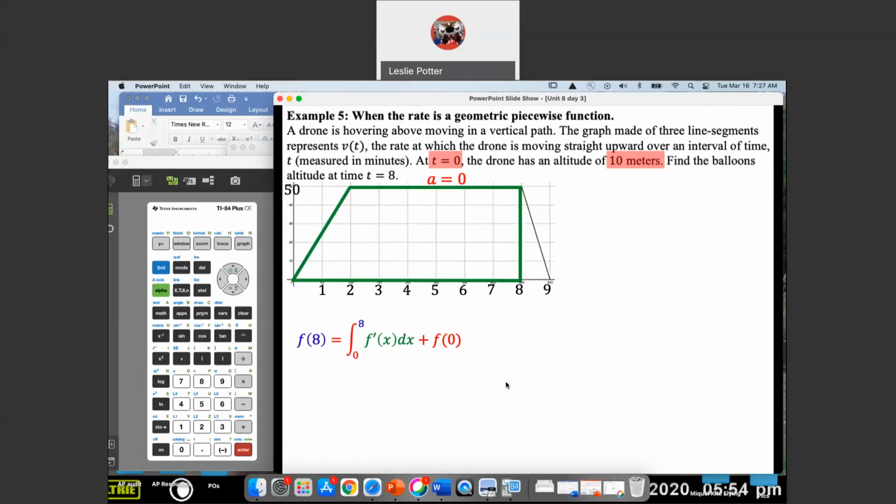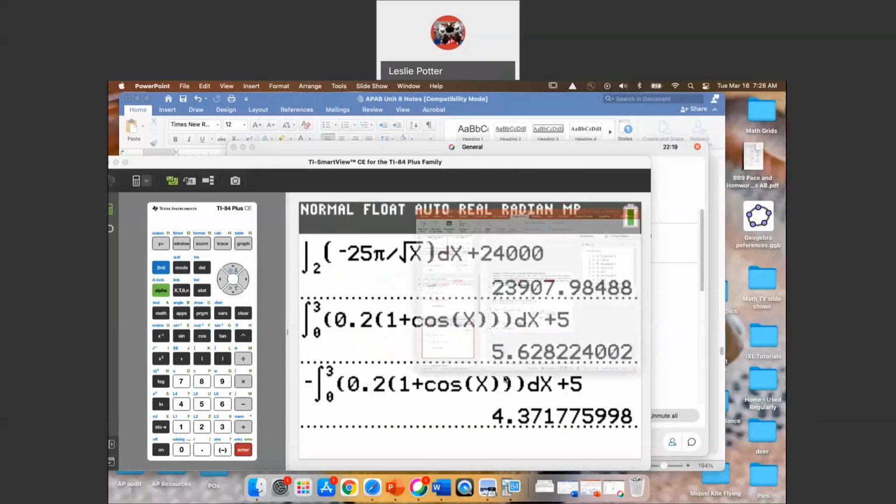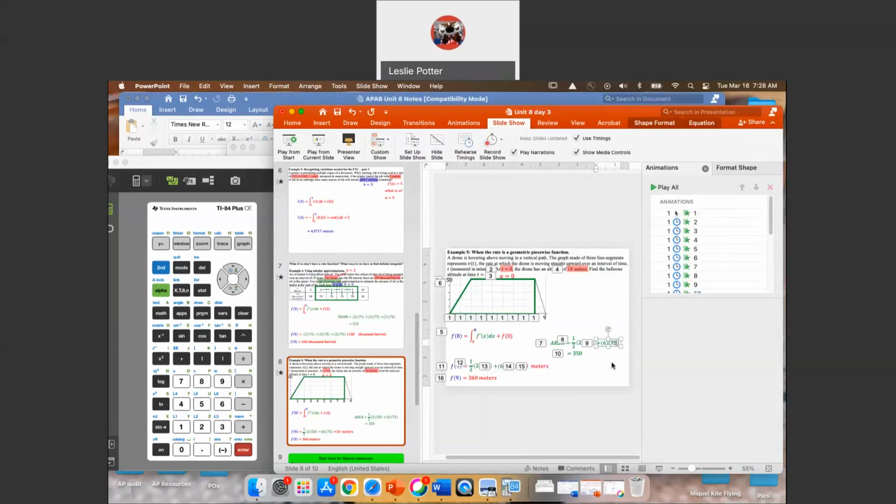So looking at that region and calculating its area, we've got half times 2 times 50, plus 6, because this has a width of 6, times 50. Oops, look at that, I got another mistake. That should be 6 times 50. Hold on here, let me correct that, because that's a pretty important mistake. I'm actually wrong in here.